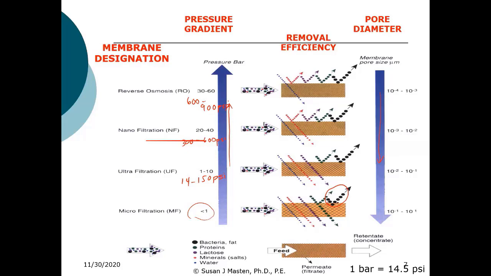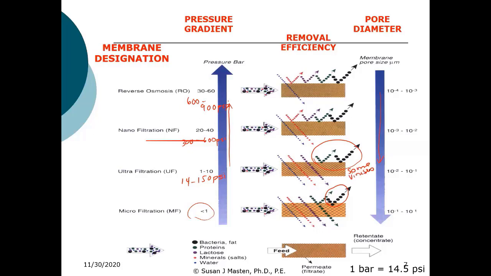It can also be used in some industries, for example, in the production of skim milk, because it will remove the fats from milk. We move to ultrafiltration, and now we're starting to remove proteins. We're going to remove bacteria and cryptosporidium oocysts. Pressure is increasing, but we can remove more of the contaminants. We can also remove some viruses.